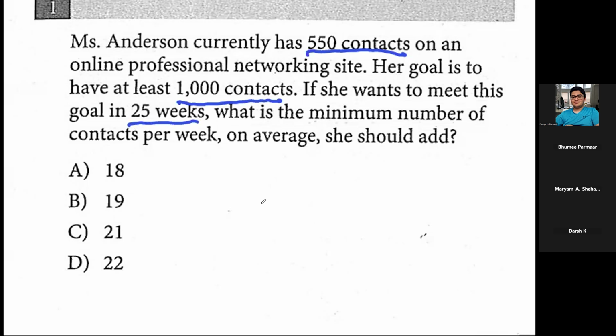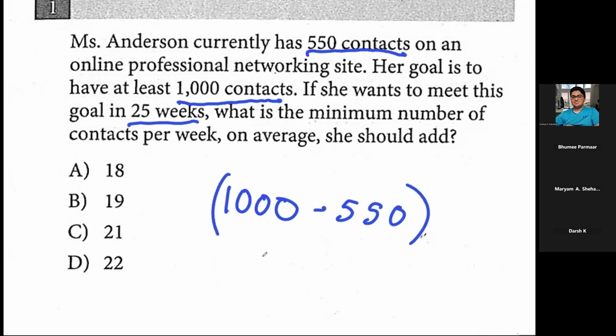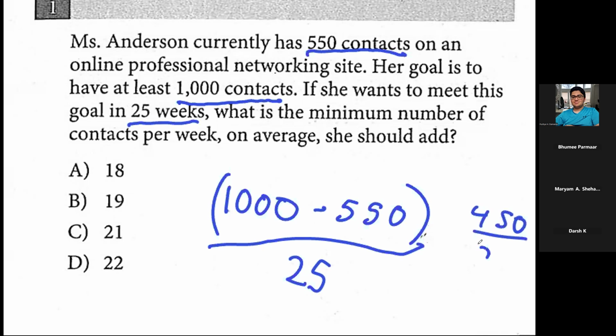So our formula would be 1,000 minus 550, and then take the answer of that and divide by 25 weeks. So 1,000 minus 550 is 450, divided by 25 is 18. So the correct answer is answer choice A.